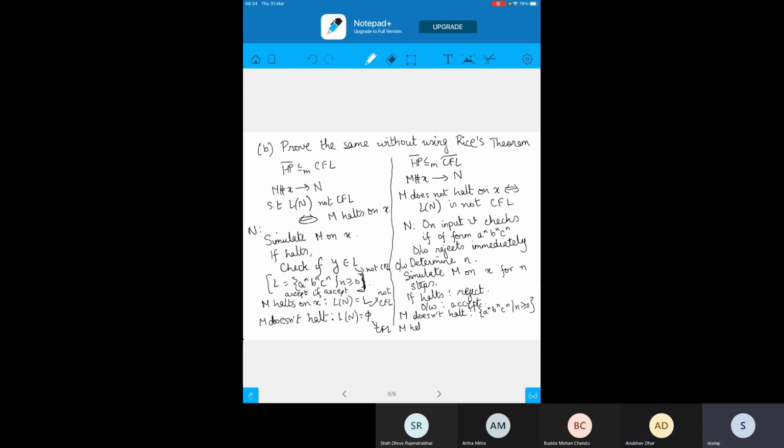If M halts, let's say in s steps, then we are just accepting a^n b^n c^n for n less than s, which is a finite set. Therefore, it is a context-free language, and this is not context-free. Okay, good.